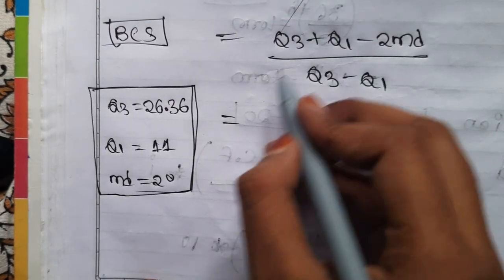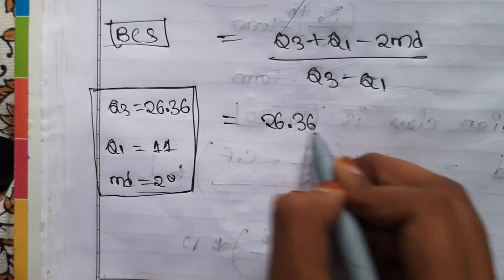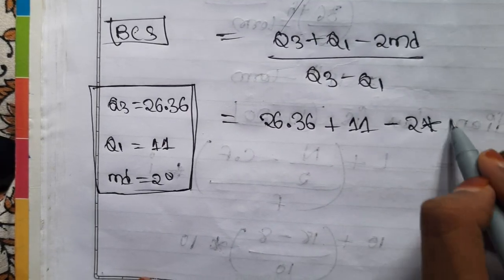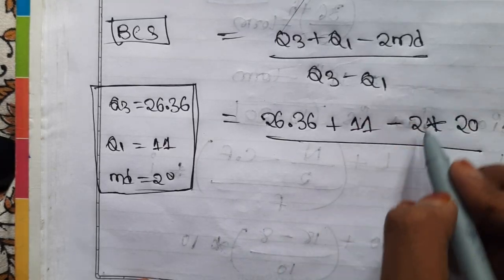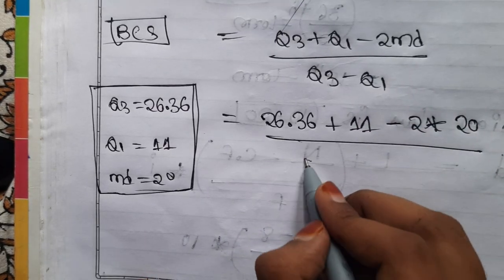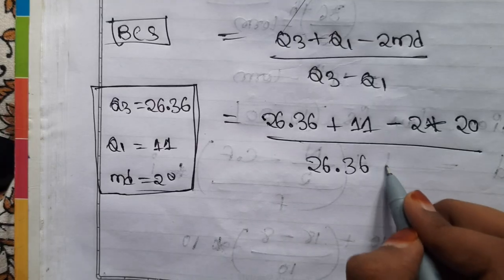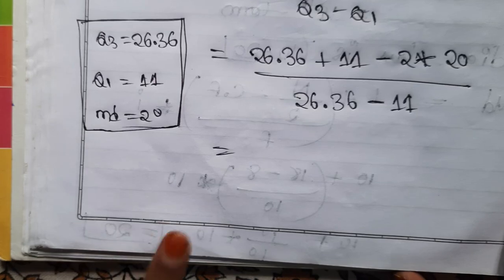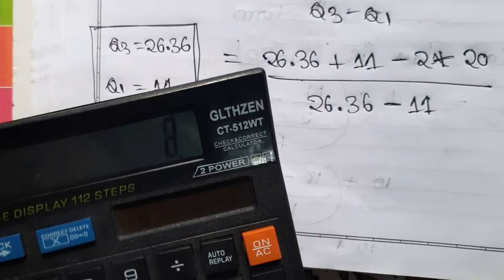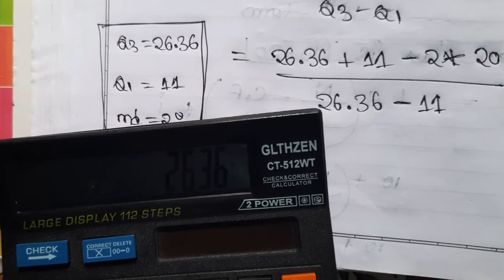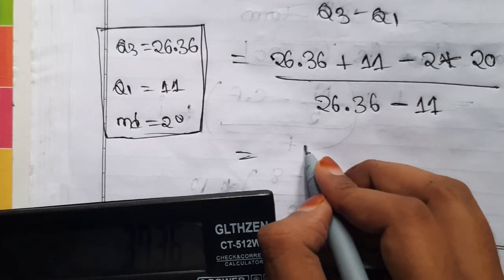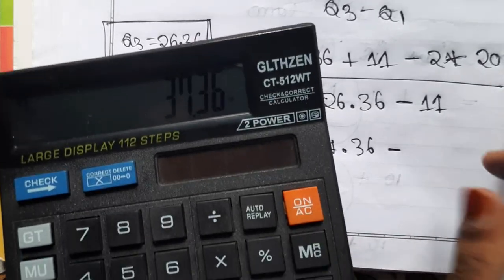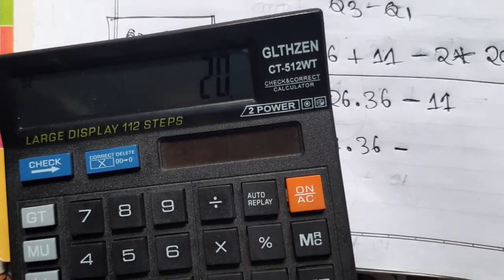Okay, so let us substitute. Q3 is 26.36 plus 11 minus 2 into MD, how much it is? 20. 2MD means nothing but 2 into MD. Q3 is 26.36 minus Q1, Q1 is 11. Now you perform the calculations. 26.36 plus 11 is 37.36, minus 2 into 20, which is 40, right?